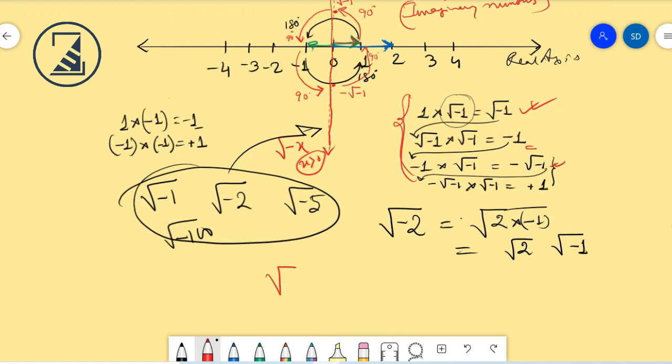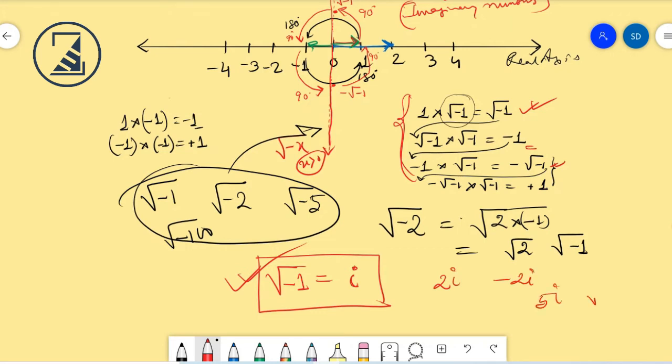So the square root of minus 1, for our convenience, we will call it i. Okay. So this is our i, and we can represent all the imaginary numbers like this: 2i, minus 2i, 5i, square root of 3 i, and all the imaginary numbers can be represented using i.